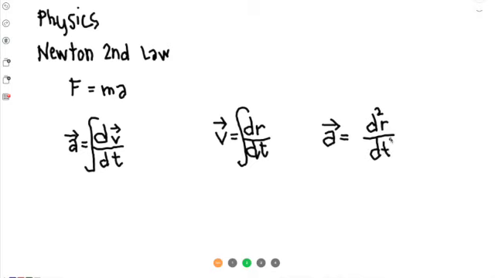So this would be your equation for acceleration. So you need to integrate this equation twice in order to get the acceleration. So pardon the inconsistency of the lines. It's quite difficult to draw using the mouse.